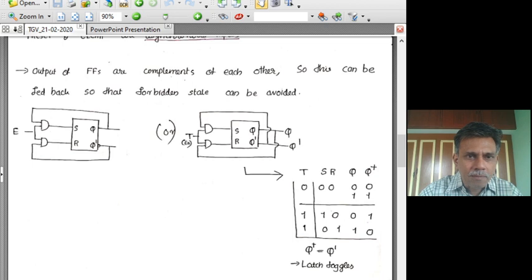Here, from the SR latch, we have constructed a latch where Q and Q bar are fed back and reused as the inputs for the SR latch. Q is taken and given to the R input, and Q bar is taken and fed to the S input.